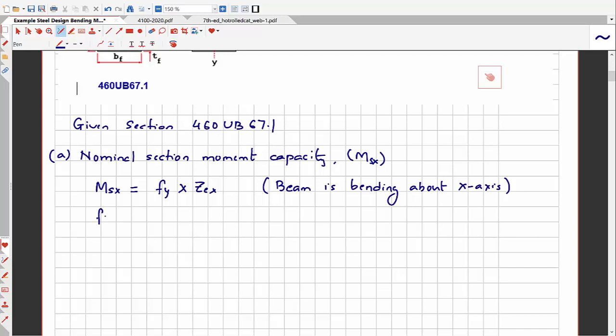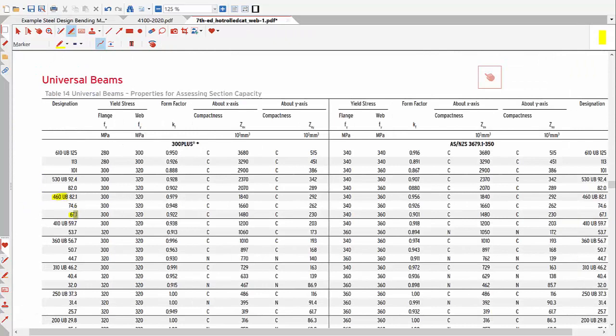Now we have to find out the Fy, the yield stress of the section. Let's have a look at the steel table where we have the section properties. For 460 UB 67.1, the yield stress of the section is 300 megapascal for the flange and 320 megapascal for the web. So we'll be using the smaller of these yield stresses, 300 megapascal.